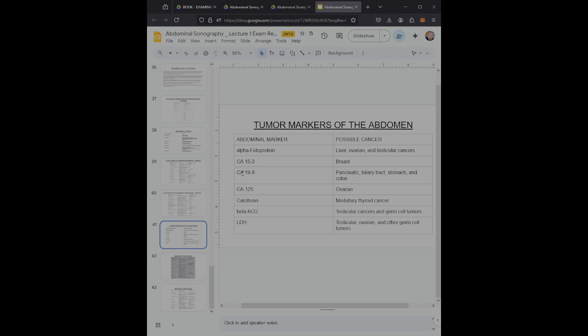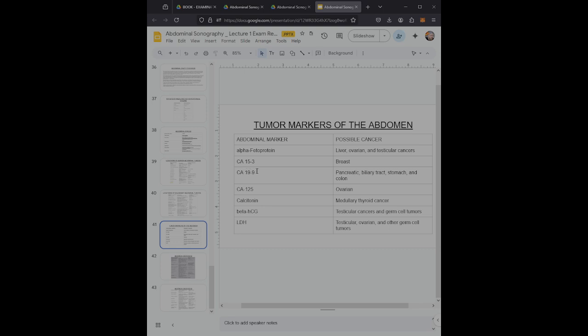Carbohydrate antigen 19-9 is overexpressed in many benign and malignant gastrointestinal and extra-gastrointestinal diseases, but its main implications are in pancreatic ductal adenocarcinomas and intraductal papillary mucinous neoplasms.